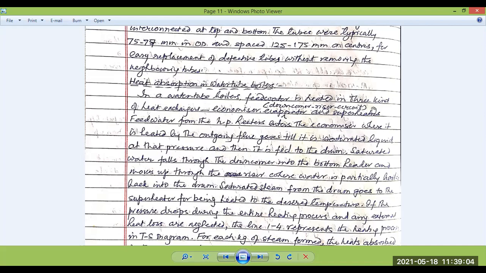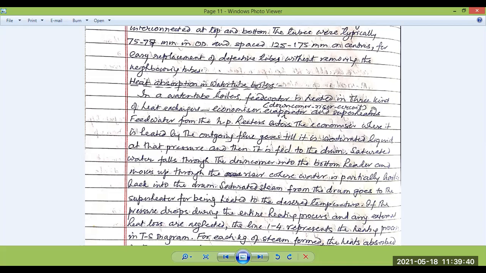The riser is the part through which the water goes up and through the different tubes, and then from the tubes it goes to the downcomer and comes back again and follows the same circuit, so that the water is always flowing from higher to lower, because the downcomer is placed in a lower position, and all the tubes are placed at an angle with the horizontal, so that by gravity the water comes down from the riser and goes to the downcomer.